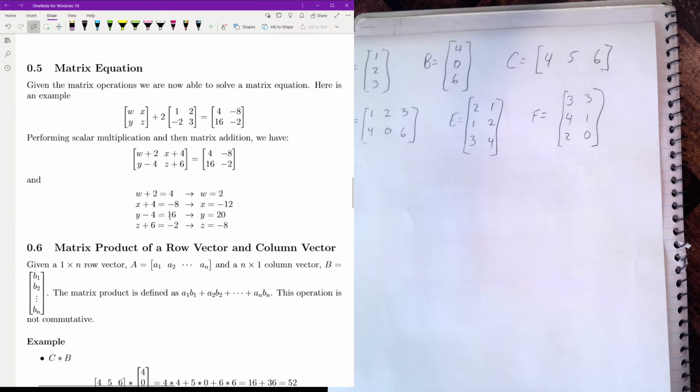So now we're going to look at a matrix equation, and we know that when we multiply this by 2, we're going to end up with a 2 by 2 matrix. When we add that to this, we're going to end up with a 2 by 2 matrix. And that can be equal to another 2 by 2 matrix. So let's set up the equation and see what happens when we do this.